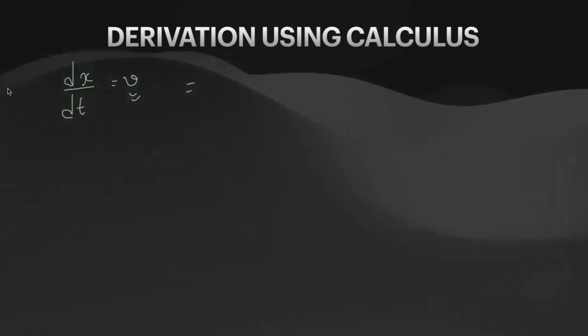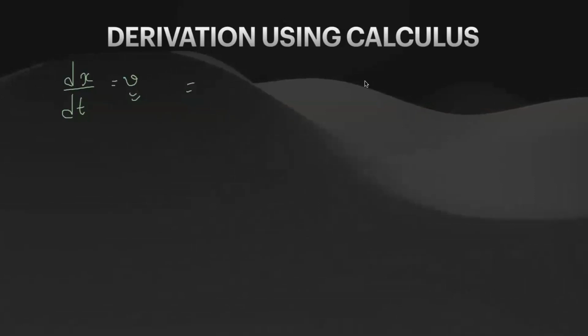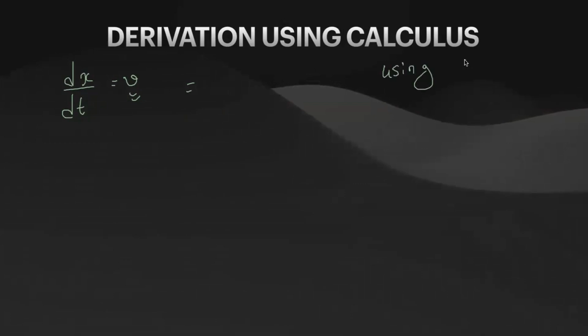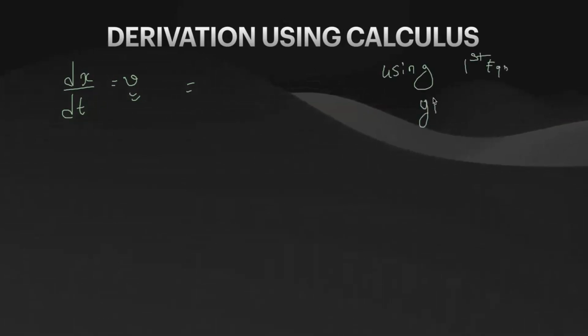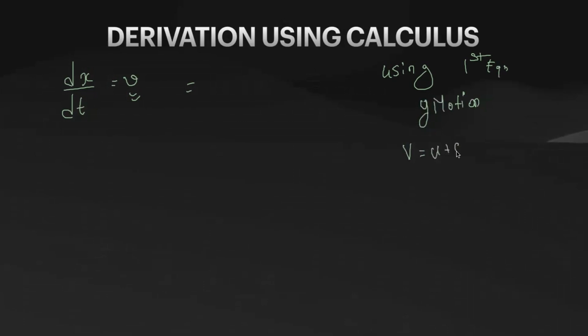Now it is quite easy after this point. So using the first equation of motion, what do you know? You know v is equal to u plus at. So v, I will write as u plus at. Clear? Any doubt?